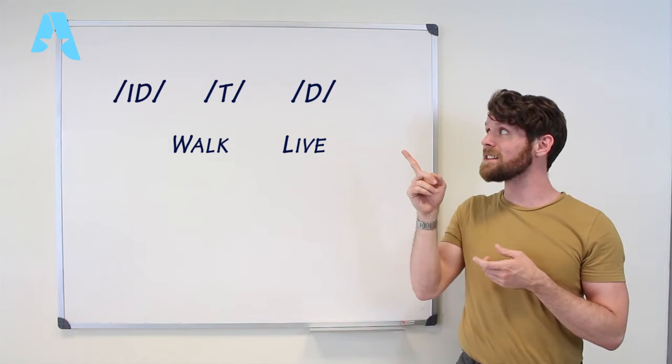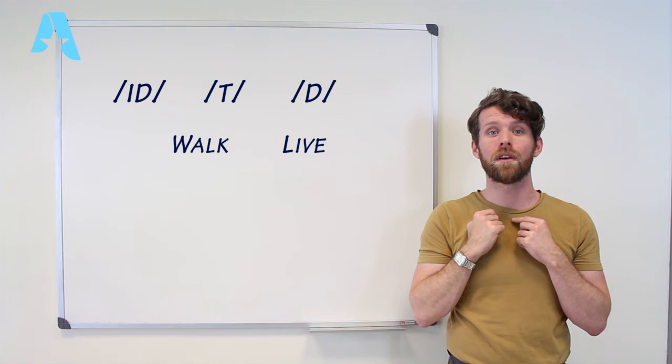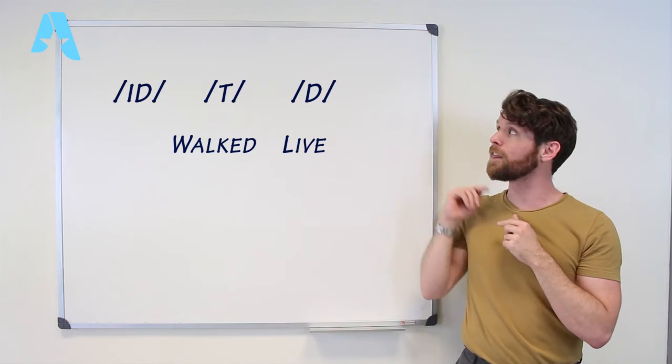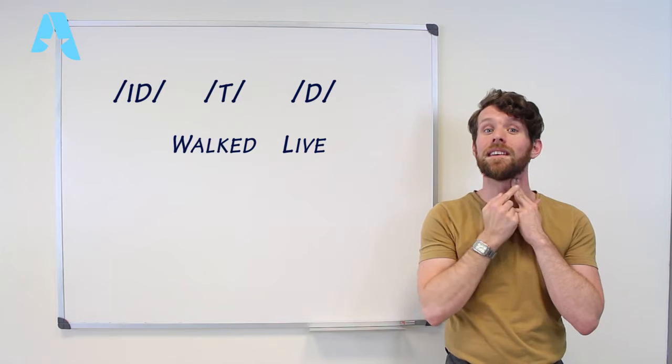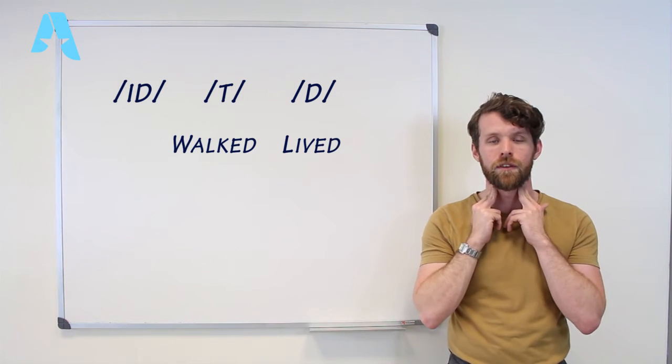With walk, when we pronounce the final K sound, it travels from our throat to our mouth. Walk. In the second category, t is also in your mouth, so it becomes walked. In the third category, d is also in your throat, so it becomes lived.